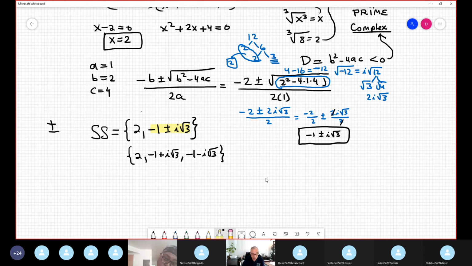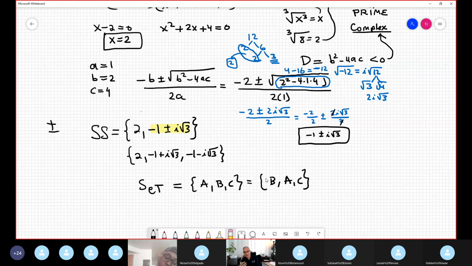The order in the solution set is not important because what is the idea of a set? A set is a collection of numbers or objects in general. So the order is not important. Suppose you have A, B, C elements, it is equal, doesn't matter the order, B, A, C.